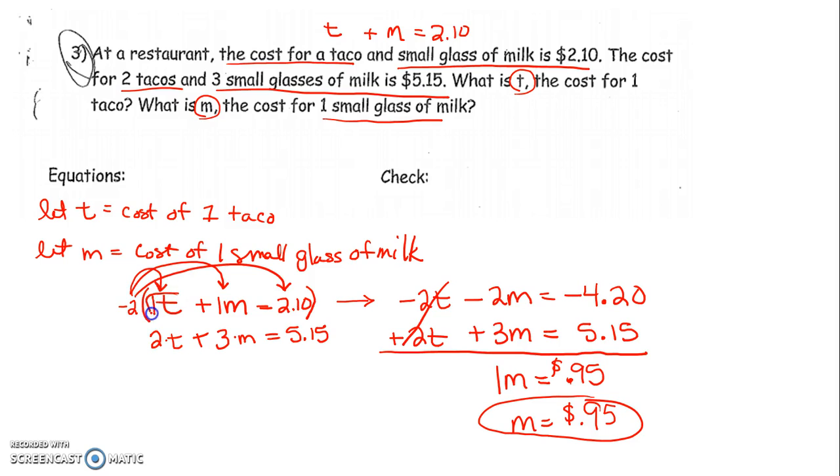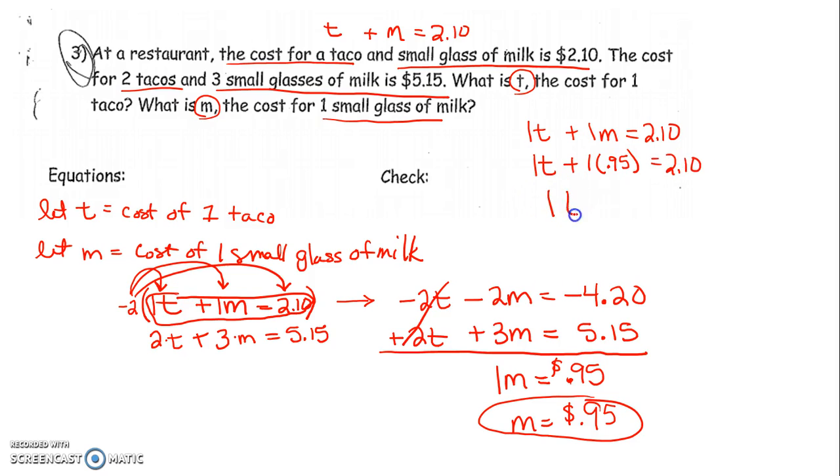I'm going to actually use this first equation here. You can pick either. So I'm going to use 1t plus 1m equals 210. And in place of M, I'm going to put 95 cents. So that's 1T plus 1 times 95 cents equals 210. So that's 1T plus, what's 1 times 95 cents?